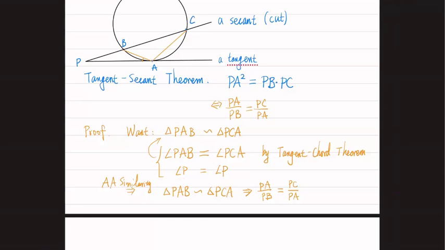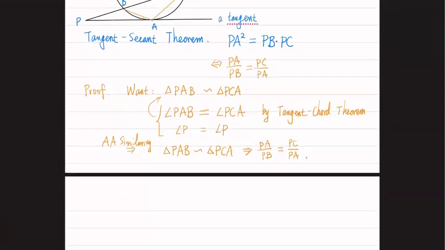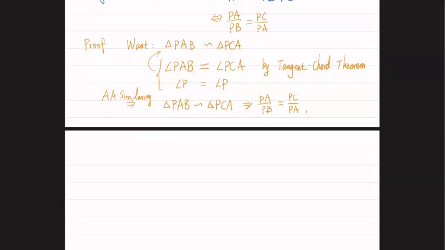Okay, so then we take a cross multiplication, we get what we want. So that's the tangent-secant theorem. Then a simple application of this theorem gives us the secant-secant theorem, the intersecting secant theorem.